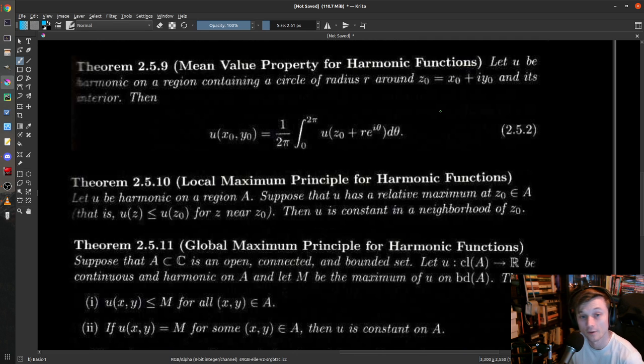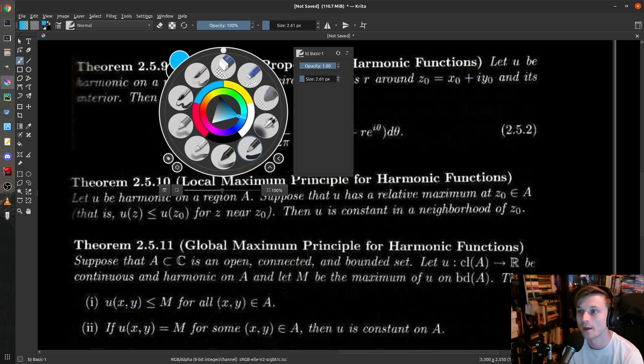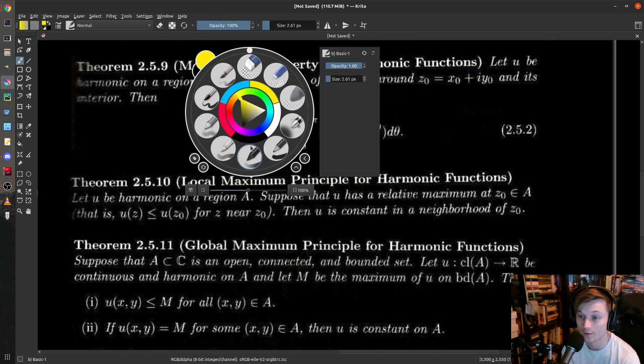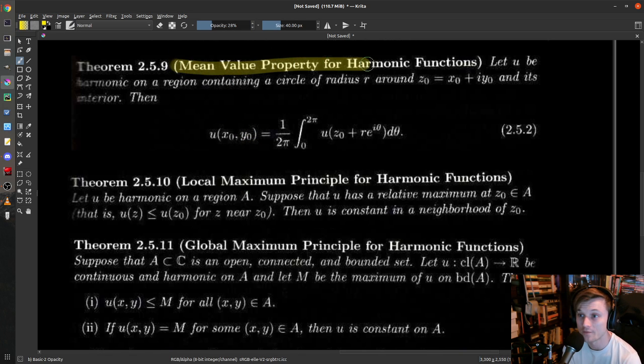It turns out they're infinitely differentiable, and they have a lot of constraints on them. The same constraints we just saw for a holomorphic function, or an analytic function, since we're using that term. That is, we get, once again, the mean value property.